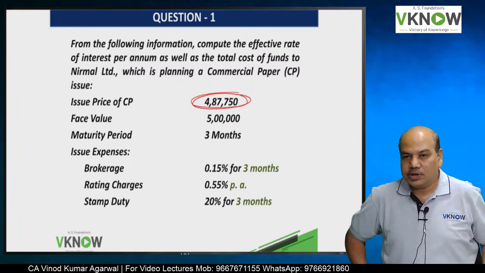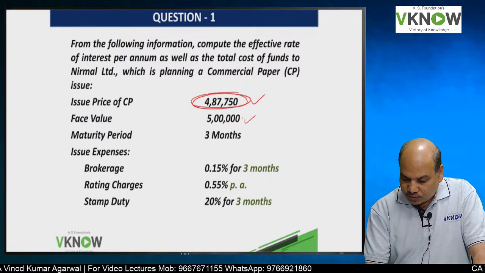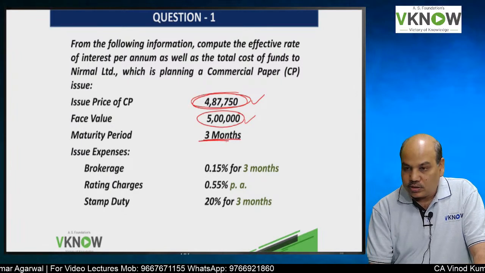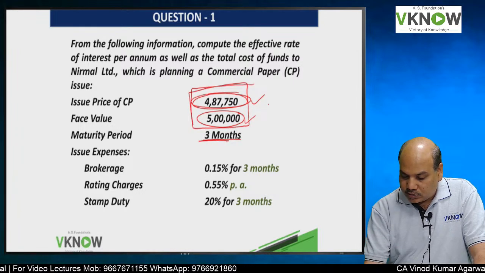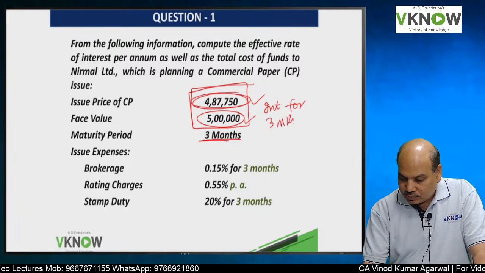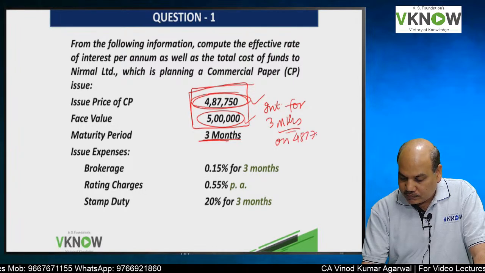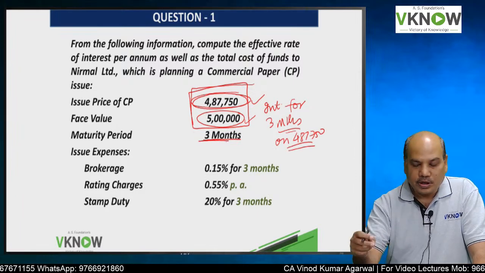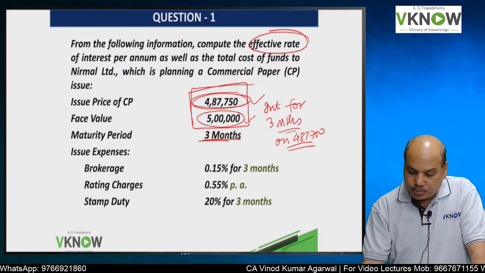All of you know that commercial papers are issued at a discount to the face value, and the face value is 5 lakh, maturity is 3 months. So in simple words, the difference is the interest for 3 months on 487,750. First we will find out the interest for 3 months, and then convert it into the effective interest rate per annum.